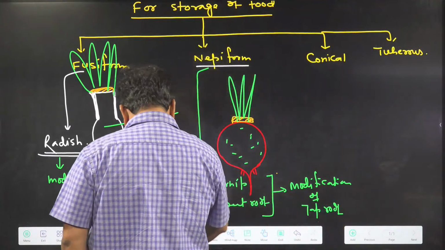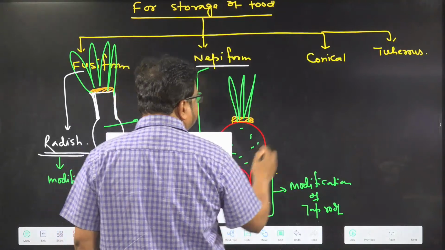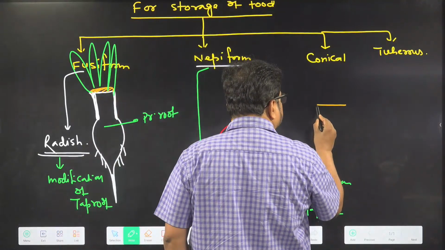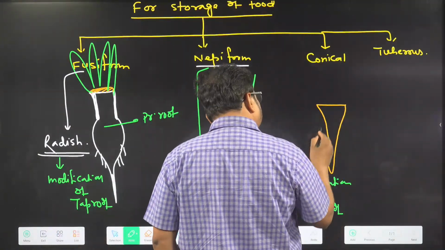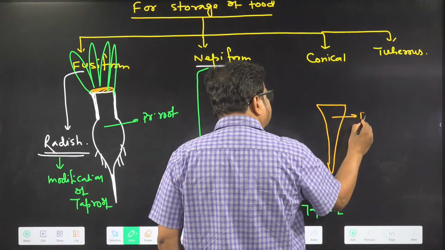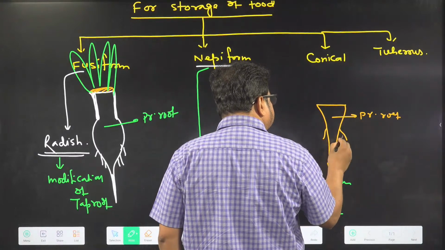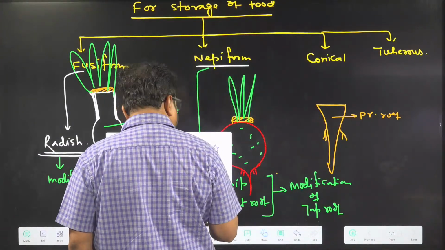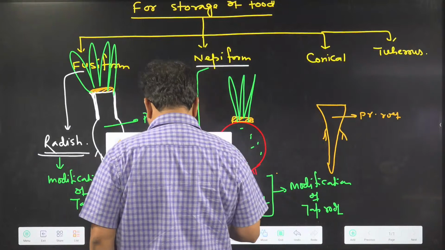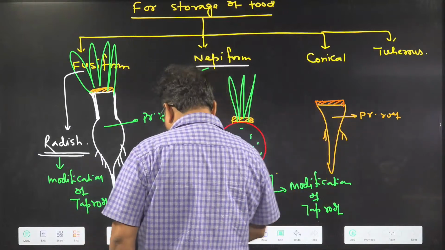Now, the third type of modification for food storage we are going to discuss is this. It is cone-like. It is conical. It is the primary root, and you will find secondary roots arising like this, tertiary roots arising like this. And here it is a stem, and this one is basically leaf.